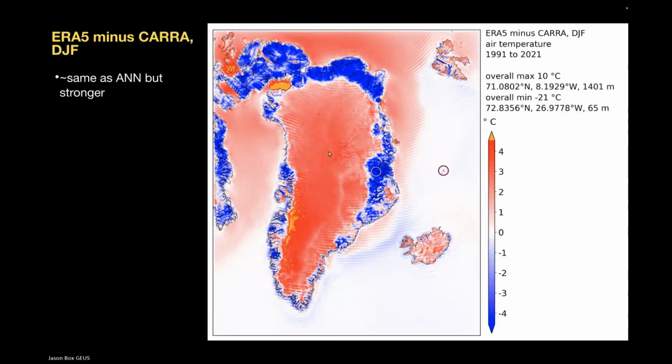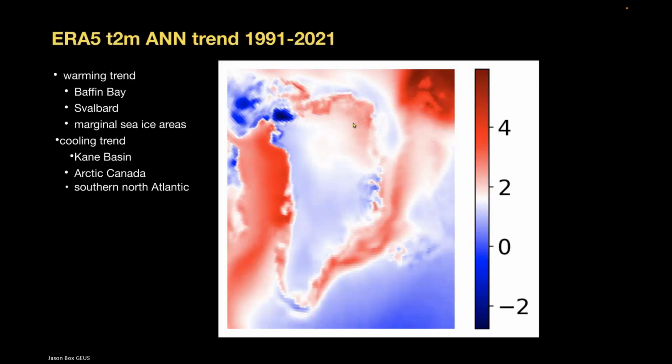I have in situ data to compare these to get an idea of the absolute accuracy of both ERA5 and CARRA. But then these are the averages, right? Here's a cruder map of the trend in ERA5. So ERA5 has a warming trend over Baffin Bay, warming trend over Svalbard. At the annual scale, a cooling trend, a very weak one over central Greenland, no trend here, and a cooling trend over the North Atlantic.